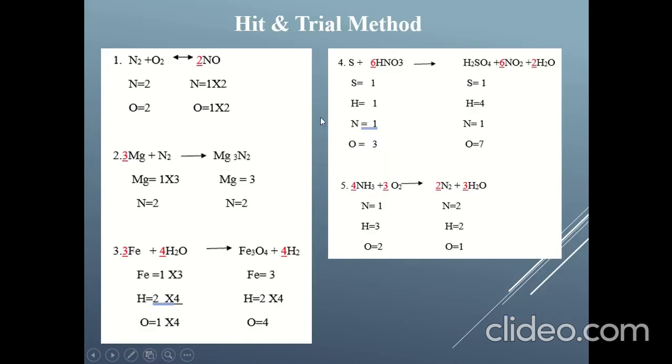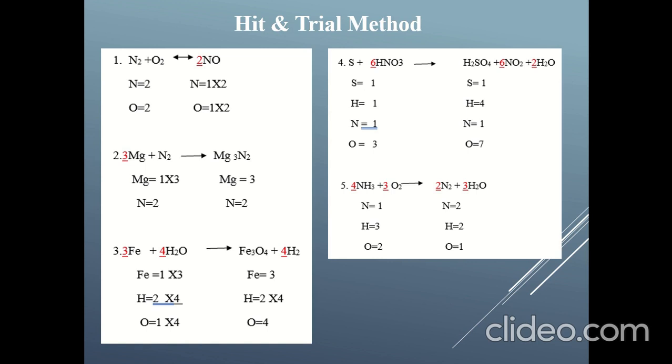Now for balancing equations, there are different methods used. Now we are going to see the hit and trial method. Let us consider the example where nitrogen reacts with oxygen to give nitric oxide. N2 plus O2 gives NO. If you see the reactant side, nitrogen has two atoms, oxygen 2.